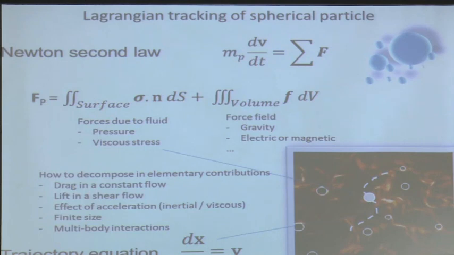Instead of solving 2 ODEs, you need to solve actually 4. So this is 3, this is 3, so that is 6, and you will have 12, because you need to know the rate of rotation of the particle and its orientation within the flow.